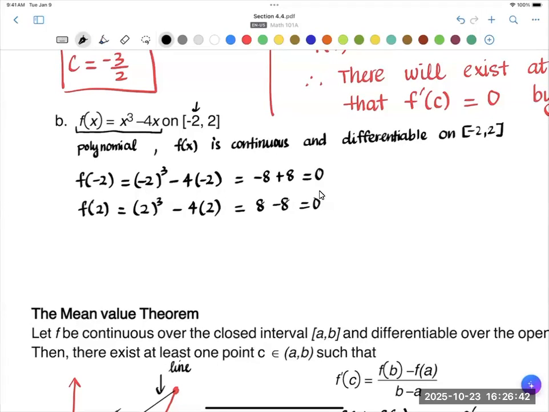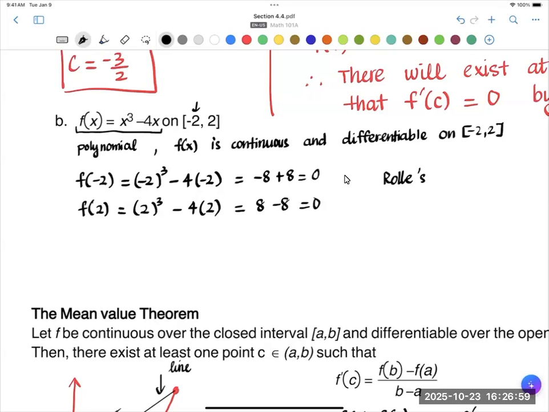So it looks like they have the same output. This is the same, so the Rolle theorem will apply. If this is not 0 and 0, but say 16 and 0, then the Rolle theorem will not apply. So this is 0 and 0.